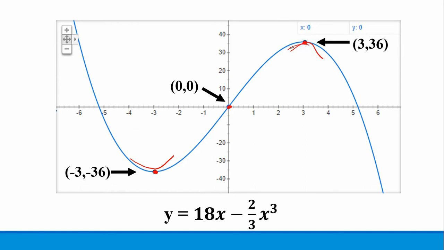Just put the maximum and minimum, and of course the inflection point connecting between the maximum and minimum, and then you just connect all of these points, and you will get something that looks like this.